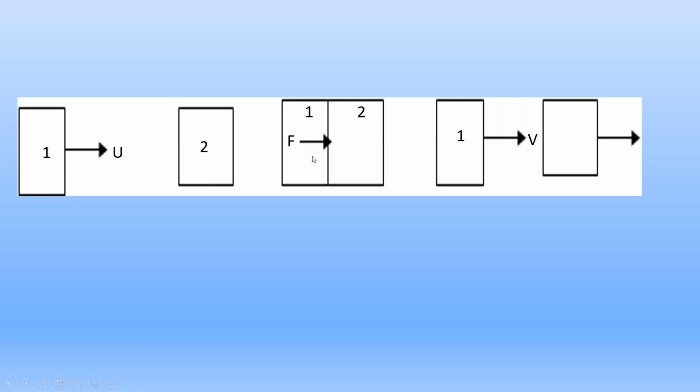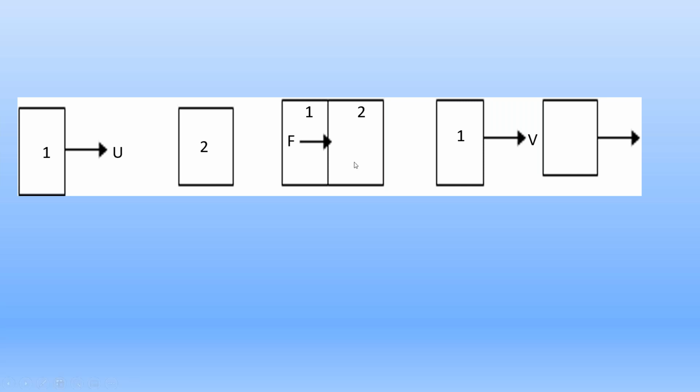So if you apply Newton's second law for this example, you will get force F is equal to initial linear momentum m into u minus final linear momentum m into v divided by time. Because in this example, initial velocity u, force F, final velocity v, all are horizontal.